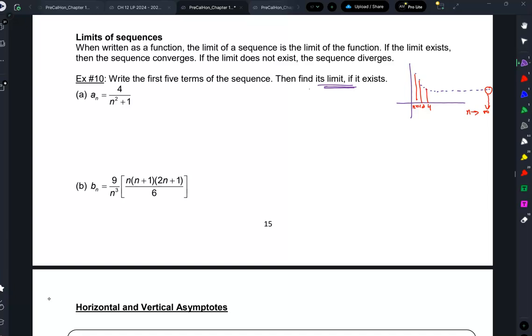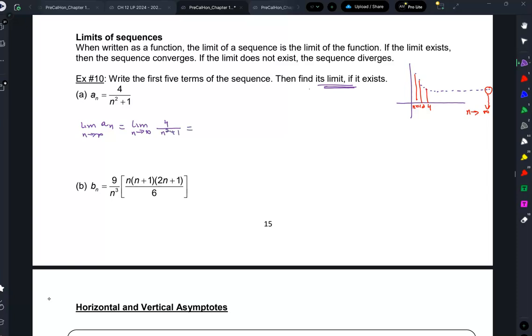When we say find the limit of a sequence, we're not talking about the limit as x approaches 0. We understand that we're talking about n approaching infinity. So the limit of a sub n as n approaches infinity is the limit of 4 over n squared plus 1.